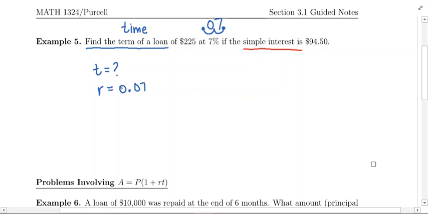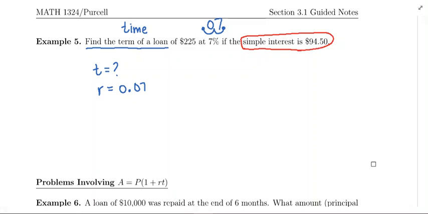All right, so now we've got to figure out our P, our I, our A. What's going on here? Well, if we keep reading, the simple interest is $94.50. That part that I've circled there in red is basically telling us the interest. The amount of interest that you pay on the loan is $94.50.